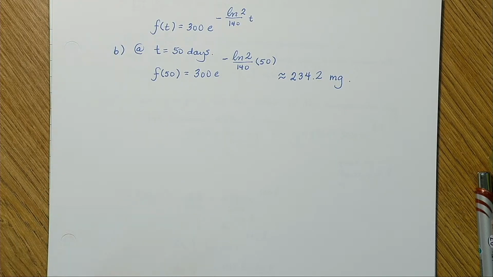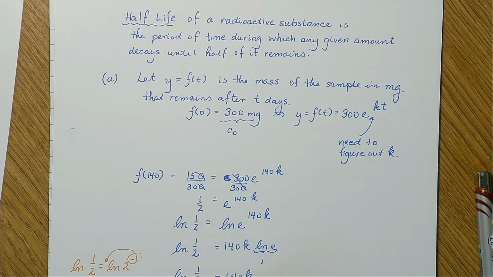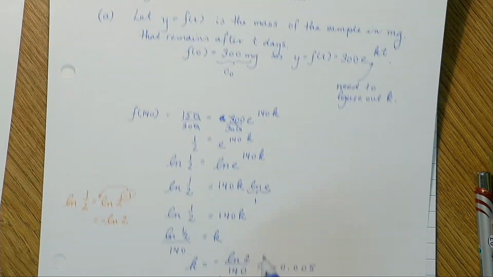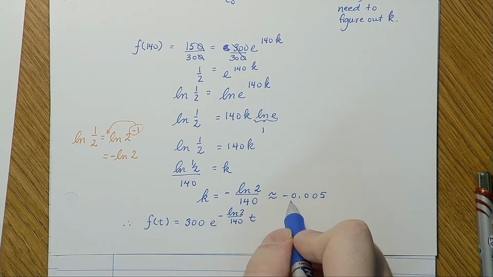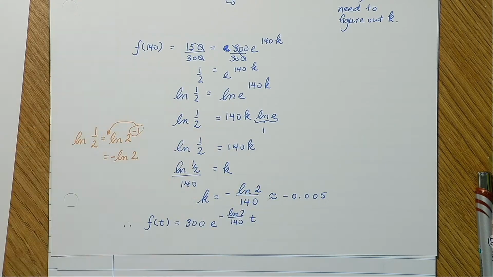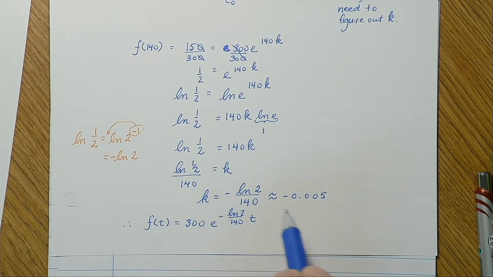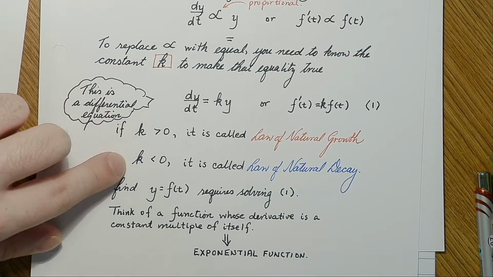I also like to point out that we have k equal to negative ln 2 over 140, or you can think of it as negative 0.005. And it's that negative. So when k is negative, then we know that it's a decay rate. Going back, we had k greater than 0 and k less than 0.